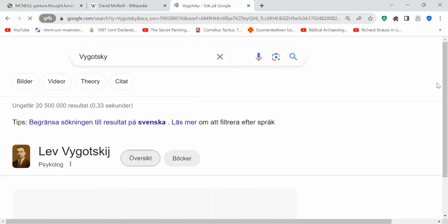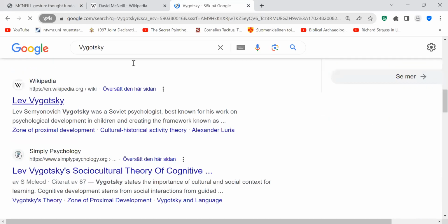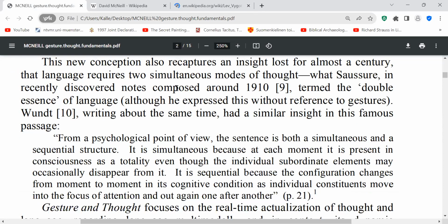This new conception also recaptures an insight lost for almost a century, that language requires two simultaneous modes of thought, what Saussure, in recently discovered notes composed around 1910, termed the double essence of language.